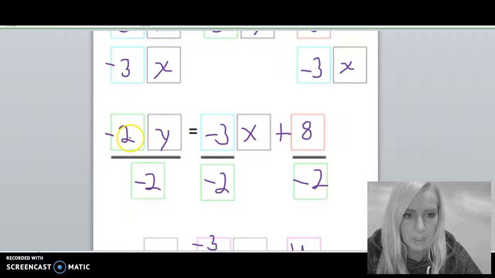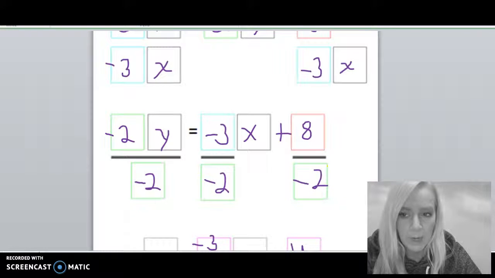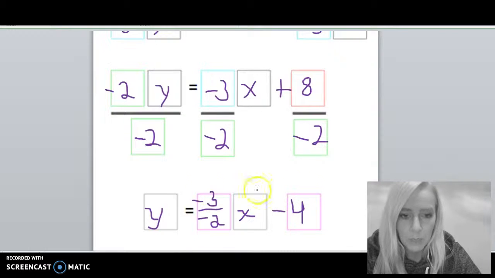So I'm left with -2y equals -3x plus 8. Then your last step is to divide by your y term. This case was -2y, so I'm going to divide each term by -2 and simplify.